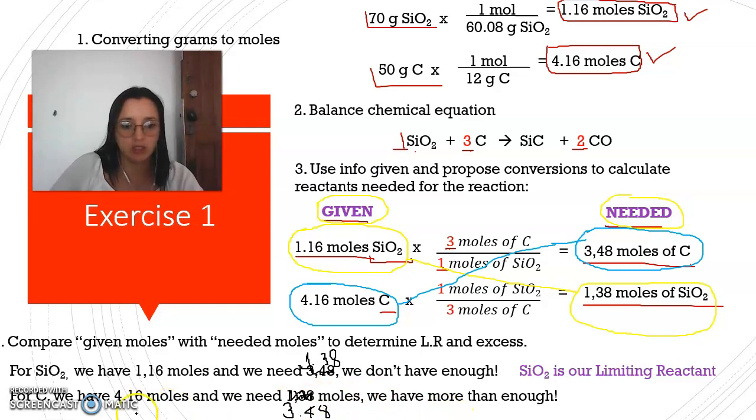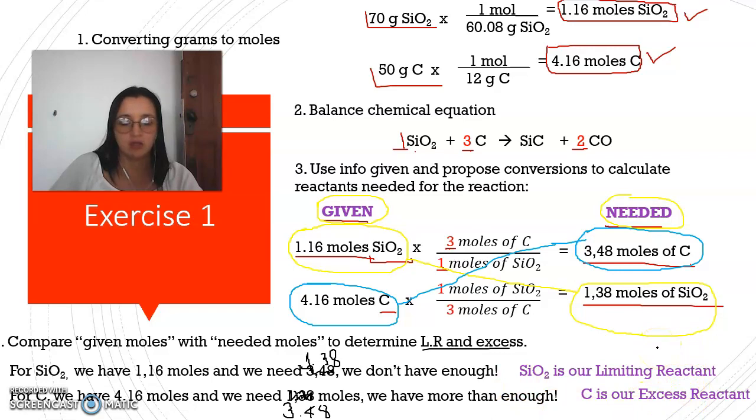I only need 3.48 and I have 4.16, so it's more than enough. That is why carbon is going to be our excess reactant. Okay, that's it. Those are all the calculations that we need to do so far, at least to determine limiting and excess. So we already know silicon dioxide is our limiting, carbon is our excess reactant.